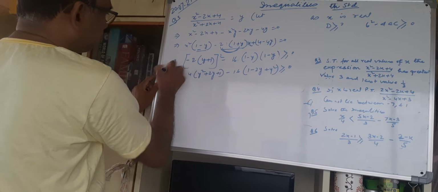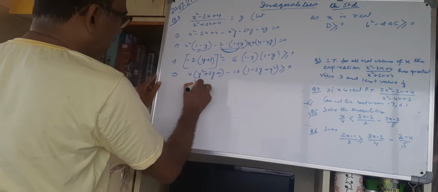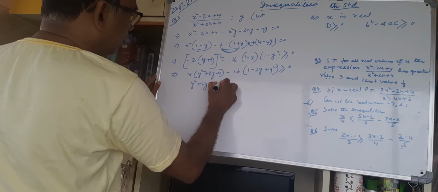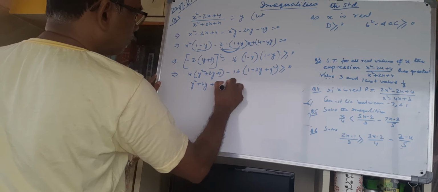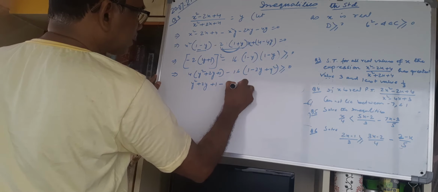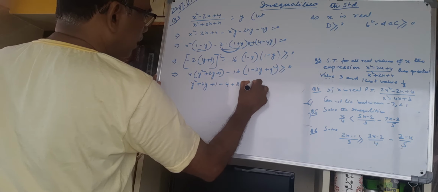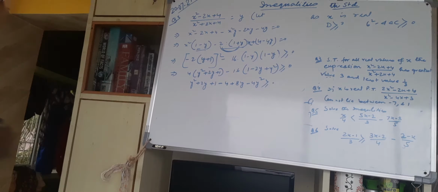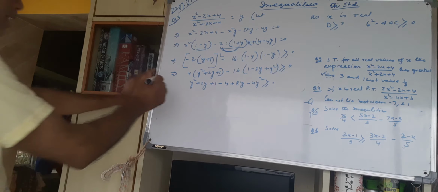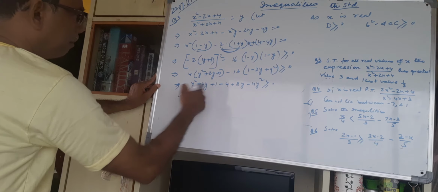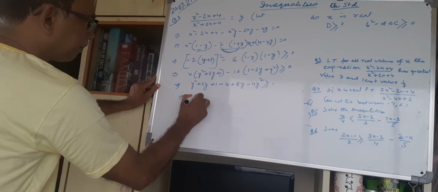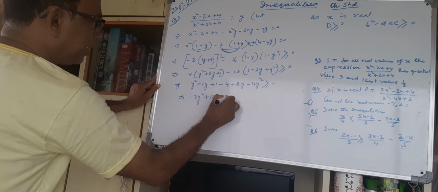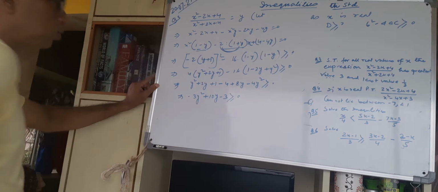Implies y² + 2y + 1 - 4 + 8y - 4y² ≥ 0. Then do addition and subtraction: -3y² + 10y - 3 ≥ 0.